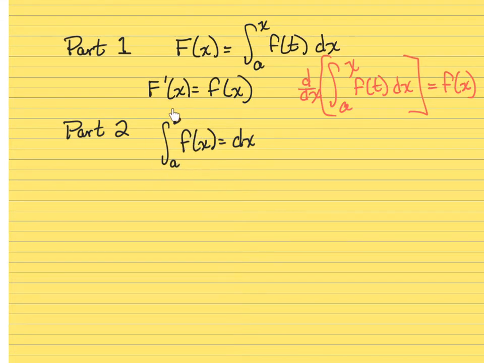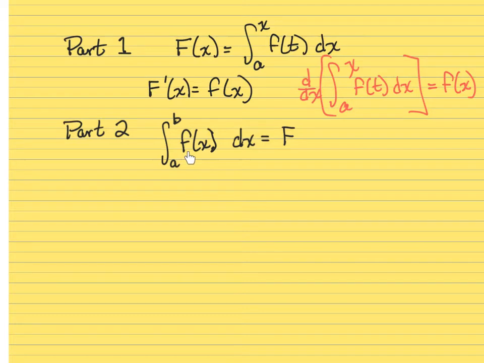So how do I evaluate an integral without doing Riemann sums and, in the more usual case where it's not a friendly geometric shape? So this is the key. This is the big thing. How do you evaluate integrals? Here's what part 2 of the fundamental theorem of calculus says. It says you find the antiderivative, and that's why we talked about antiderivatives.